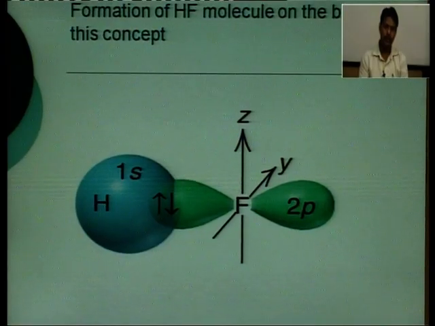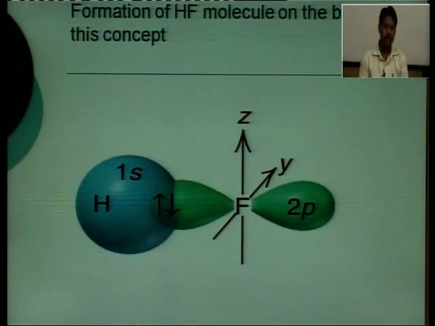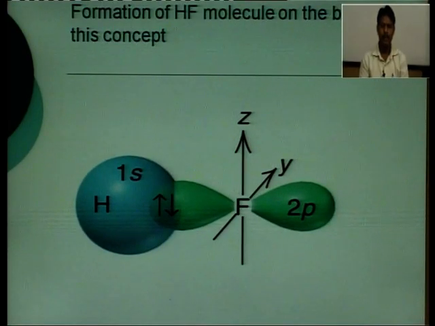The outer configuration of fluorine is 2s2 2p5, in which fluorine has a single unpaired electron in a p orbital. So, the p orbital of fluorine overlaps with the 1s orbital of hydrogen. This is the formation of a covalent bond.